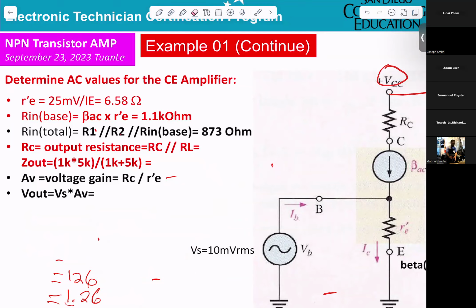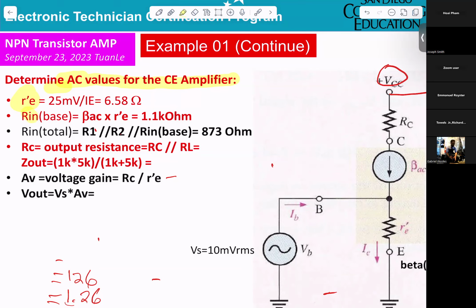Okay, now they're talking about the AC values. That means first thing you need to calculate R prime E. We already know the formula: 25 millivolt divided by IE.